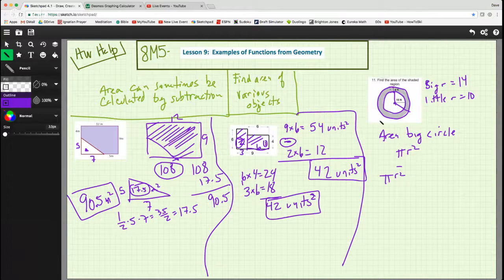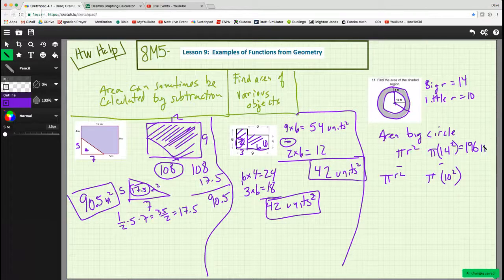So the big circle would be pi r squared, pi times 14 squared, and we're going to subtract off pi times 10 squared. So 14 squared, some of you probably have that memorized. I kind of have it memorized, but then I sometimes have to just validate that I haven't forgotten.